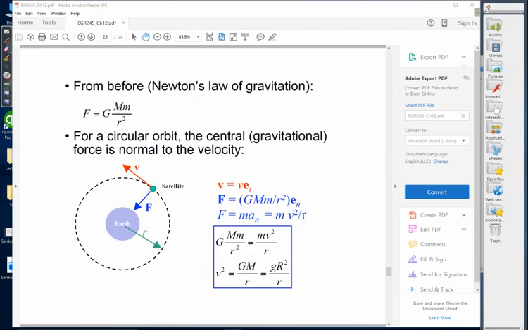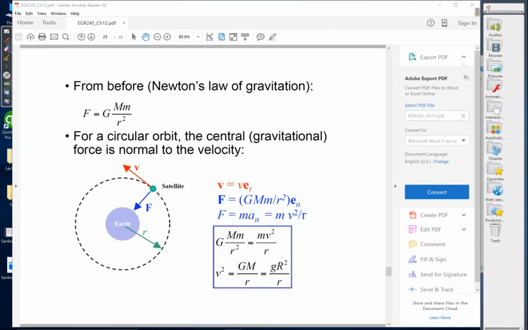The velocity squared of anything that's in a circular orbit is simply given by big G times the mass of that planet, the mass of the Earth in this case, divided by R. R is the distance between that object, that satellite, and the center of the Earth.